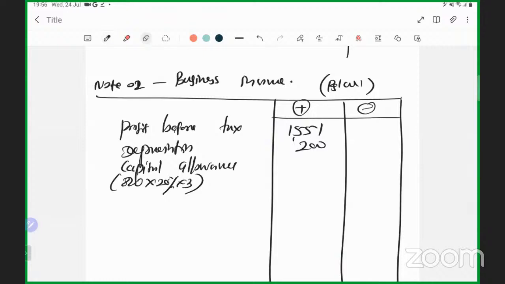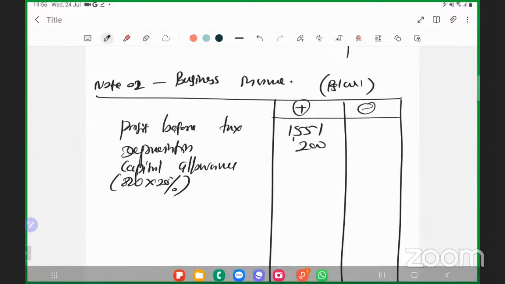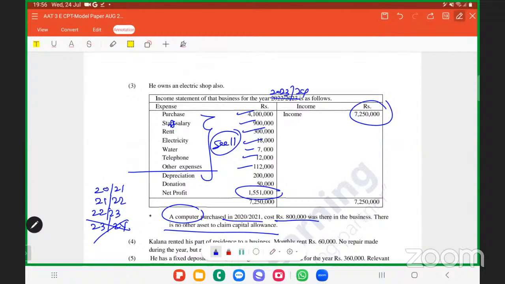Sorry, here there is no need for 3 years, just the 20%, because for 3 years there is accumulated capital allowance. What we discussed here is the third, fourth year. So only another 1 year you can take the capital allowance, because this is the third year.